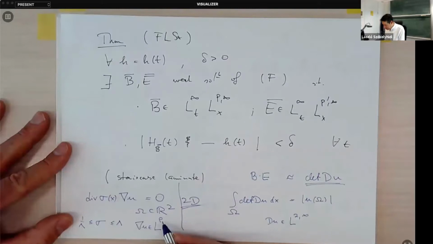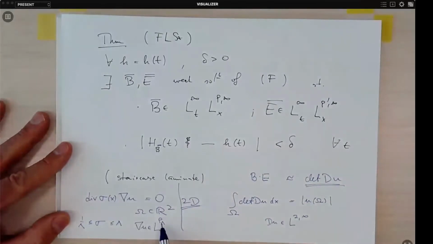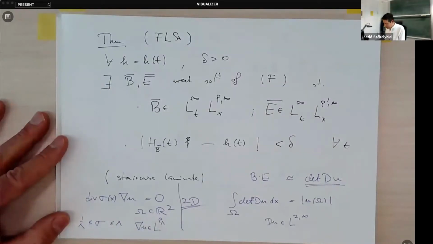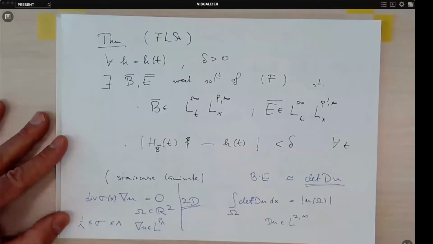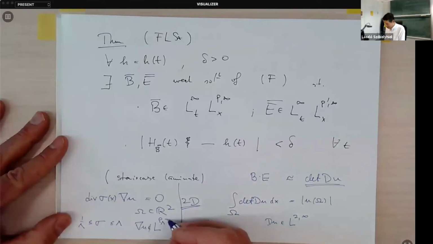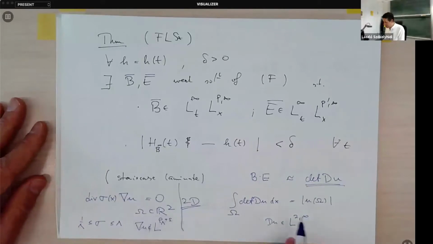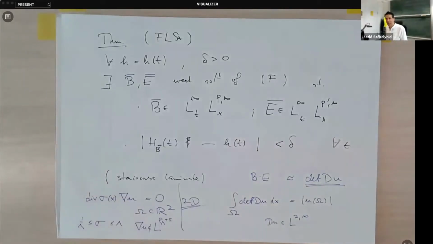So there's some p that depends on lambda, bigger than 2. And just to show that in general you cannot expect to go above that p lambda if you don't assume anything more about sigma. So it was used, so they are not in anything better than this plus epsilon. So staircase laminates have been used for this type of critical integrability.